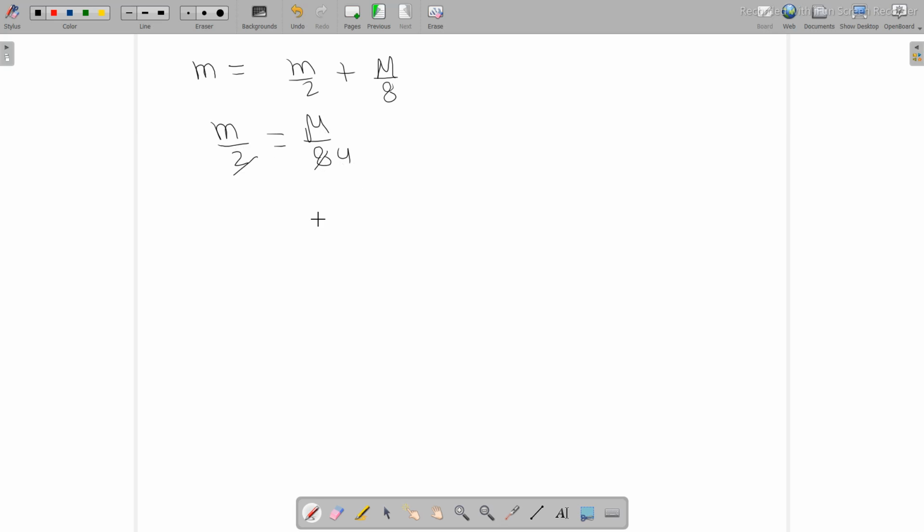If we cancel, therefore the ratio of capital M to small m will be 4.